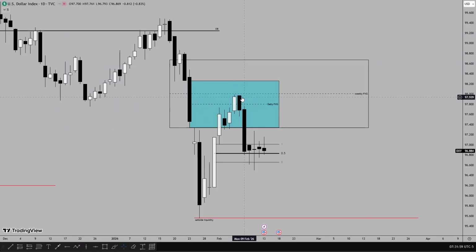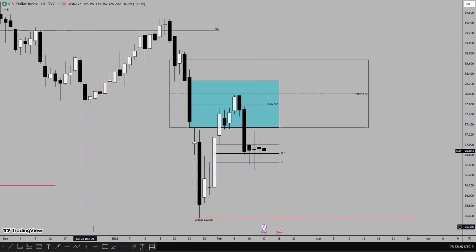On Friday, price closed as a down close candle, making it a swing high, anticipating lower prices. On Monday, price traded lower, traded to the mid range of the daily fair value gap. Tuesday, price filled in the daily fair value gap.